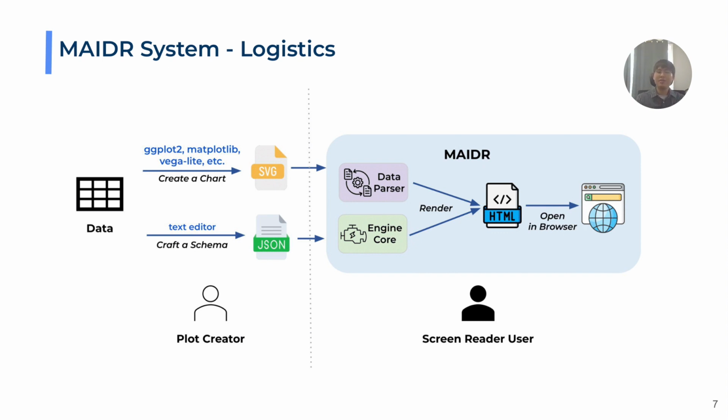The metadata file is a JSON schema detailing the plot attributes such as data points, plot type, and labels. Once both the image and JSON schema files are supplied to the MAIDR JavaScript engine, the system generates a multimodal data representation of the plot as HTML content on browsers, accessible via screen readers and braille displays.